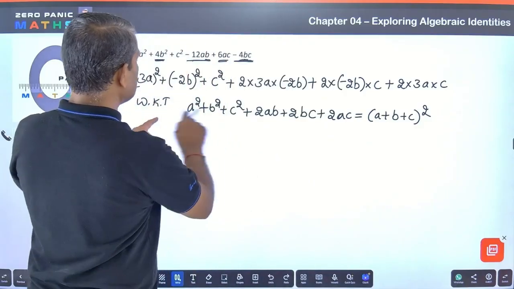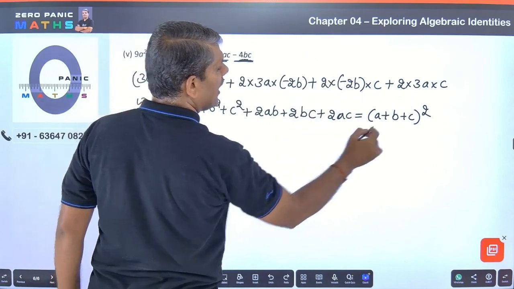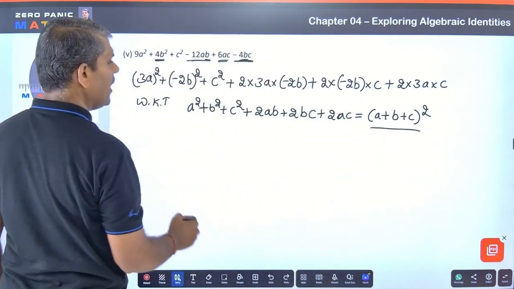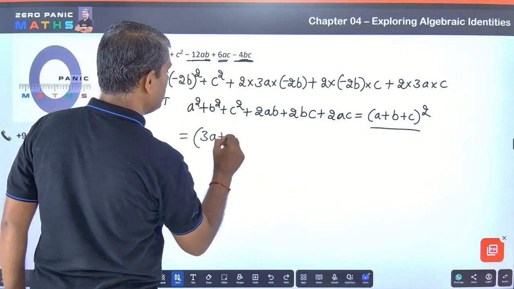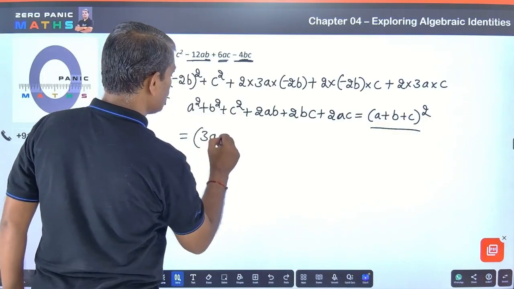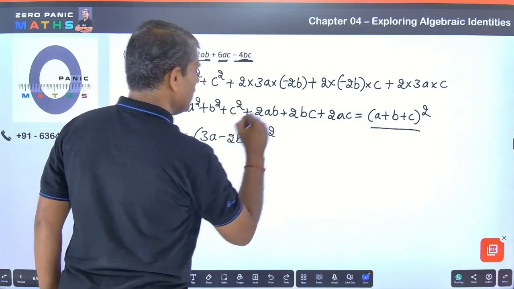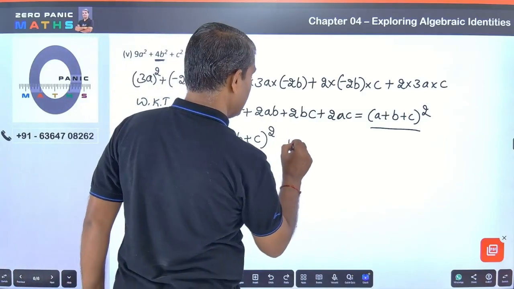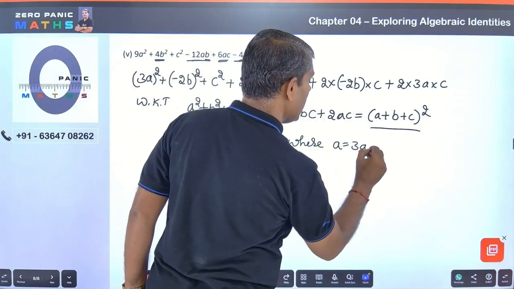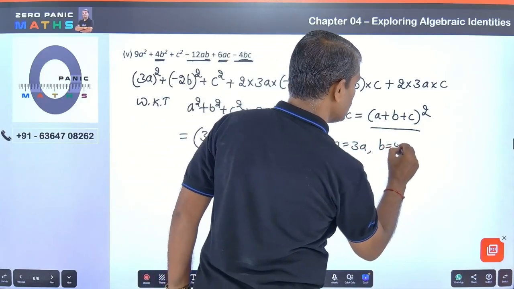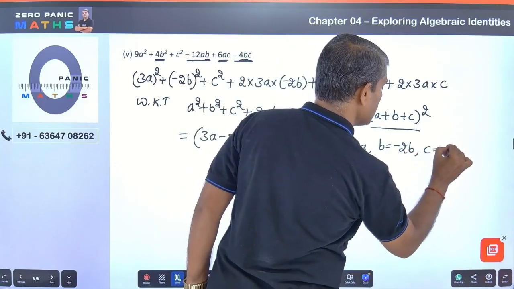So this is the expanded version of this left side term we already have. I have to write it in this format, including a as 3a and b as minus 2b, with sign, and c as c only.